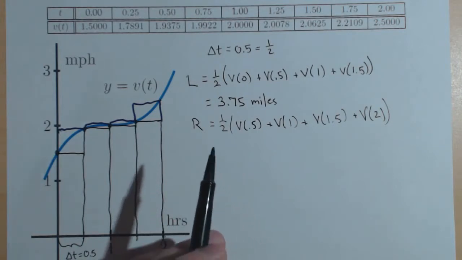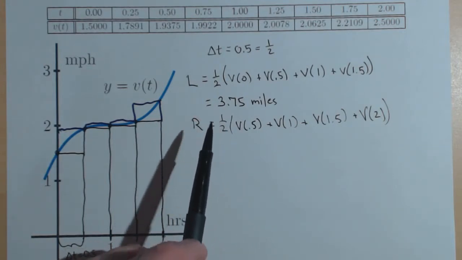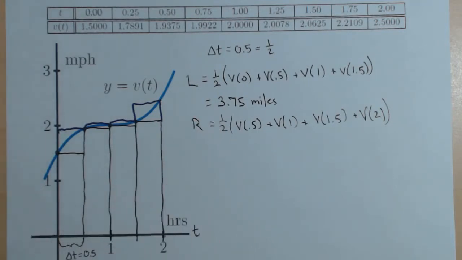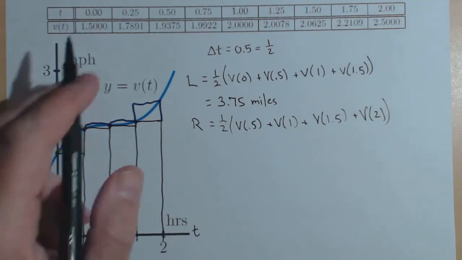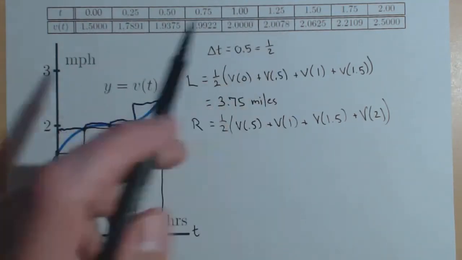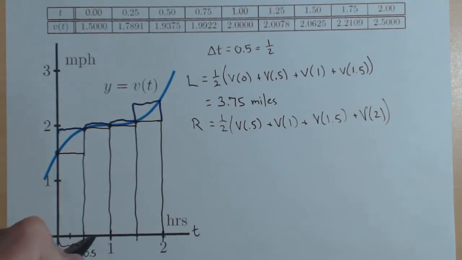How can we get a better estimate than even just estimating between 0 and 2? We can use more rectangles. Notice we have the data to go with a delta t of 0.25.